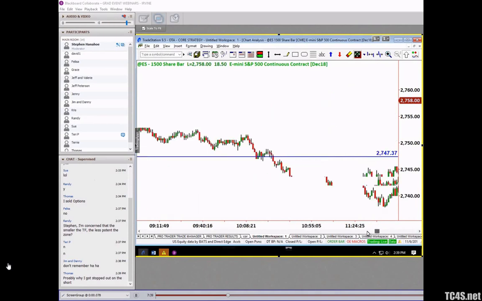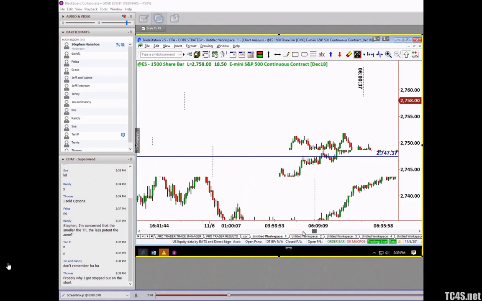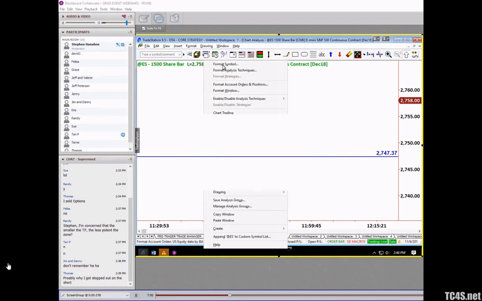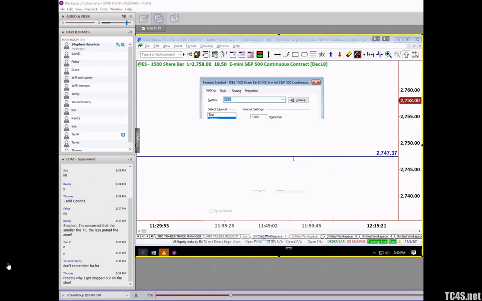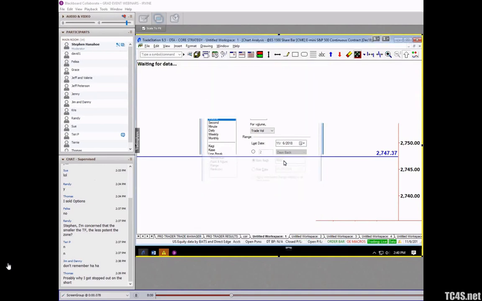Keep going back. So I have to load in more data again. It's amazing when the day goes on, the amount of bars that are printed. Come on, internet. So I go 4,000.